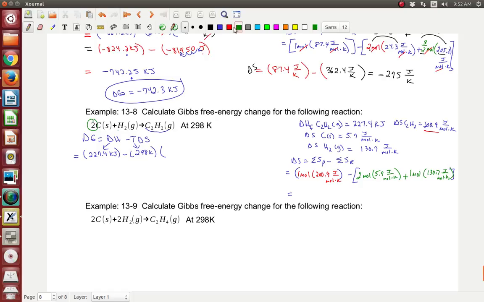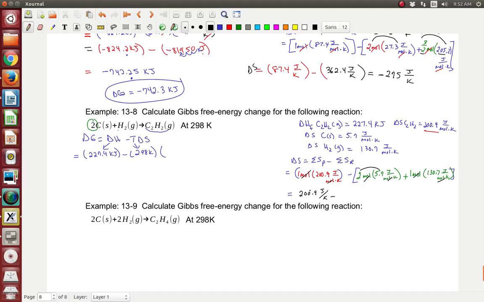All right, go in and cancel out all the units. The moles cancel all the way through. Multiply this and add it to this, and we're going to subtract it from 209 joules per Kelvin.